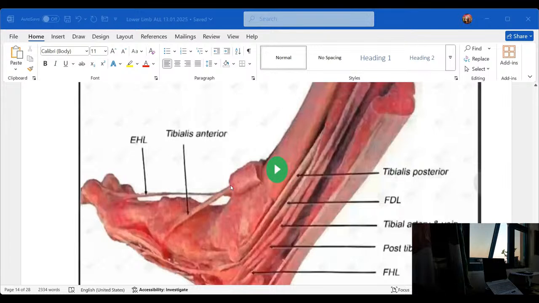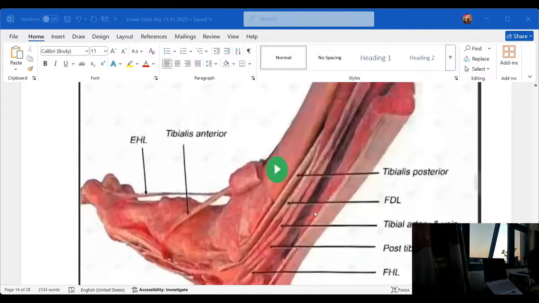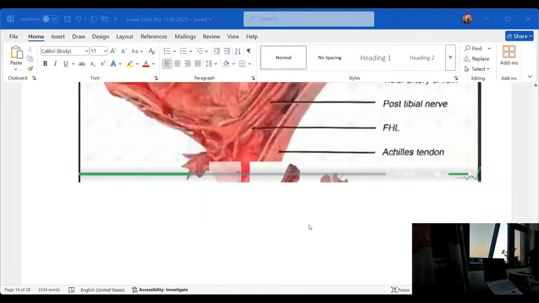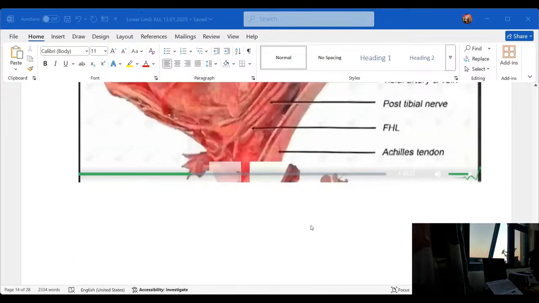Flexor digitorum longus, then tibial artery and vein, posterior tibial nerve, and flexor hallucis longus, and then tendo Achilles. Again: tibialis posterior, flexor digitorum longus, tibial artery and vein, posterior tibial nerve, flexor hallucis longus, Achilles tendon.